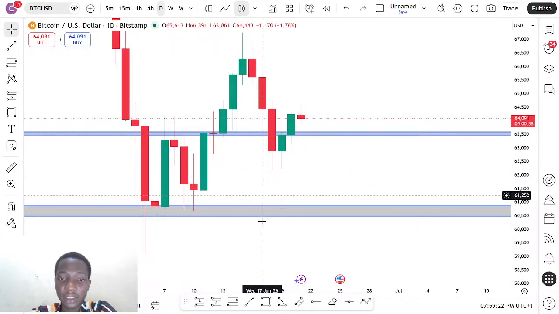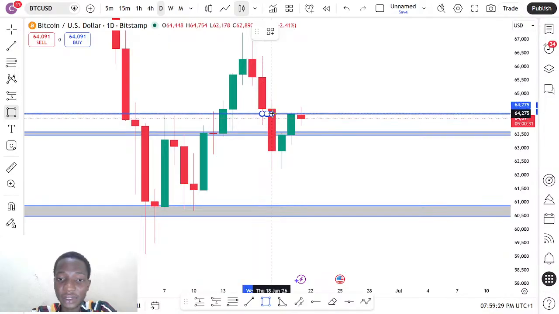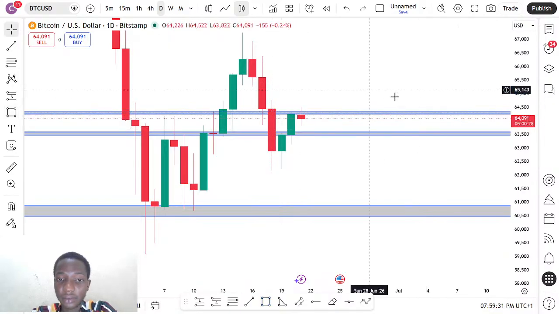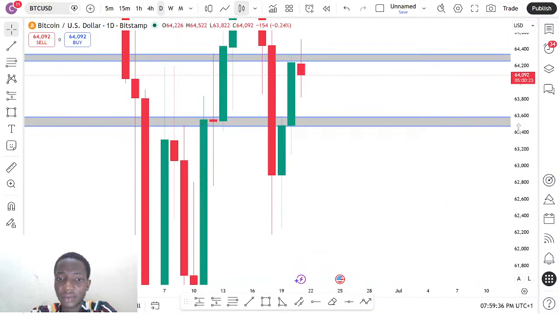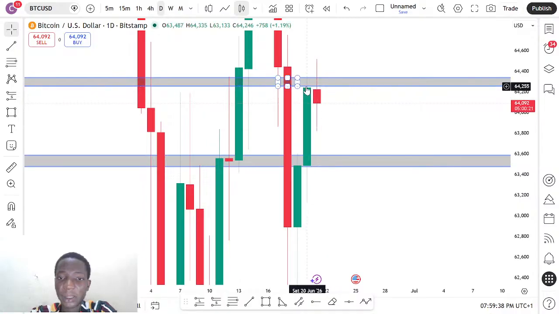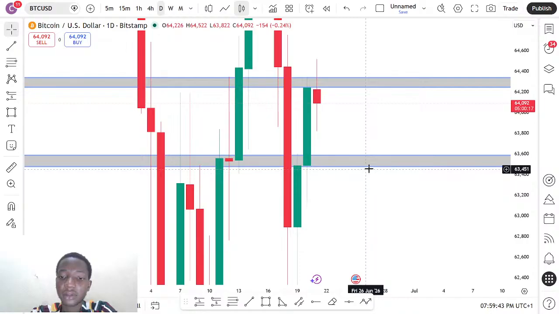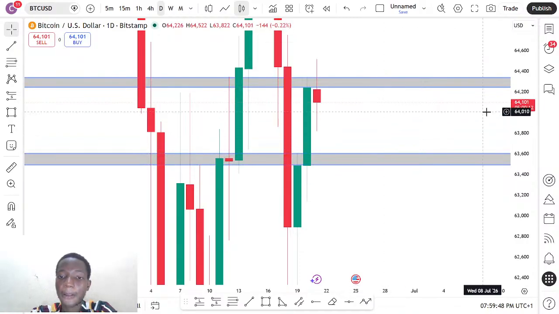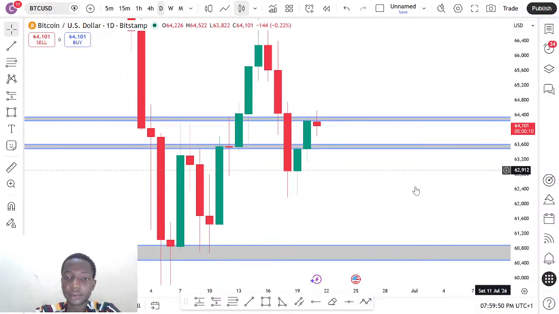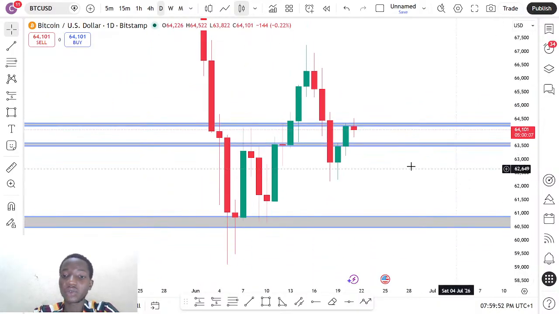Then on the daily time frame, I marked this level out, yesterday's closing. Here's what I did. I marked it out. So within today and tomorrow, let me go back to the lower time frame.